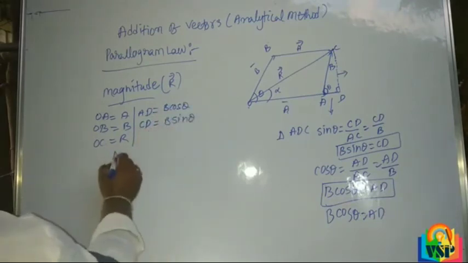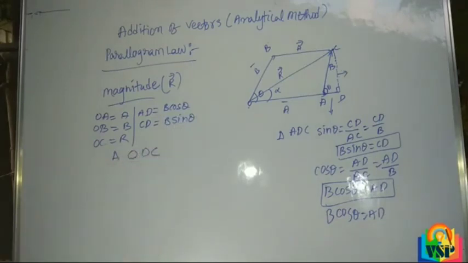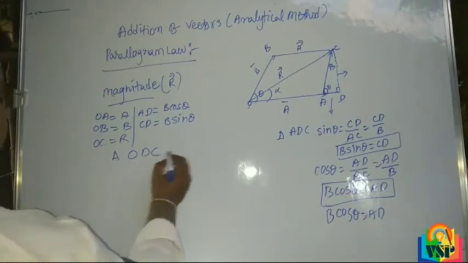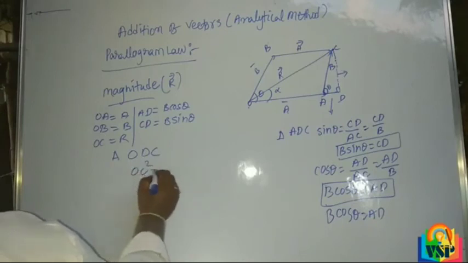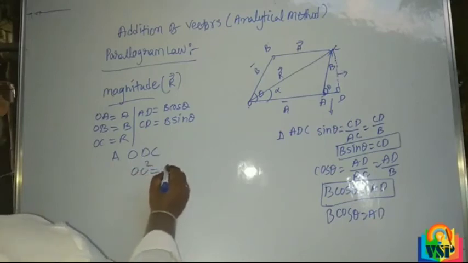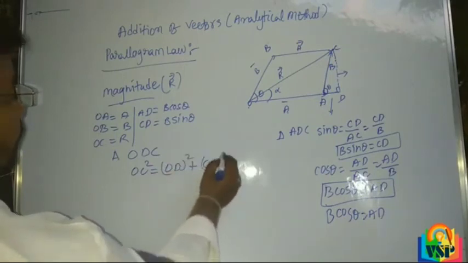In the right angle triangle ODC, we can write OC square is equal to OD square plus CD square.